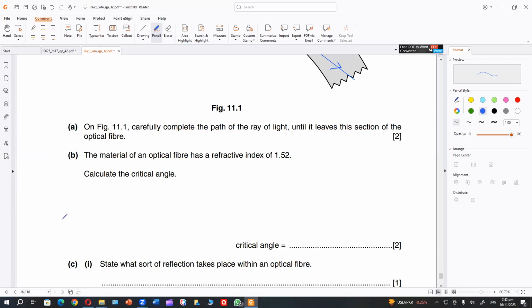The material of an optical fiber has a refractive index. Refractive index is a very important feature. We have a symbol N. Let me write the formula for critical angle. N is equal to, okay, let me write from the pointer.